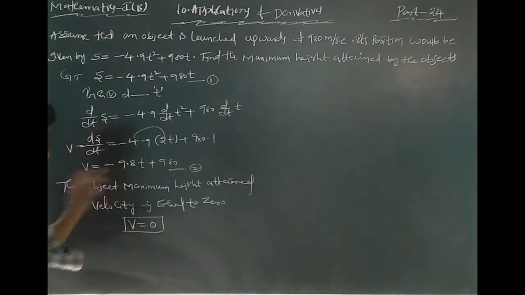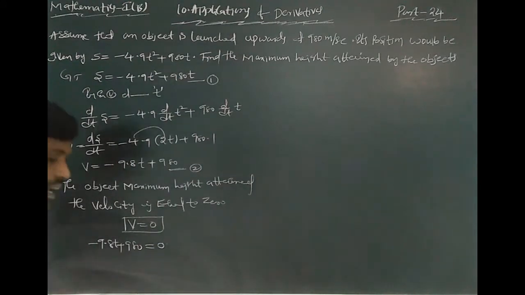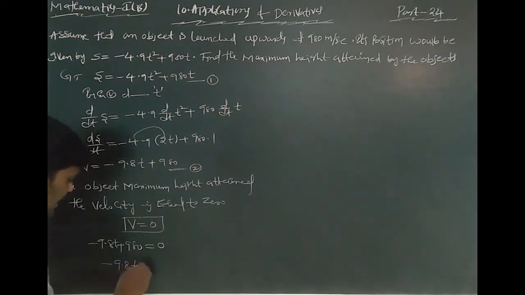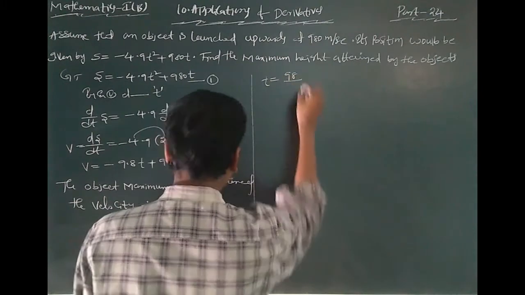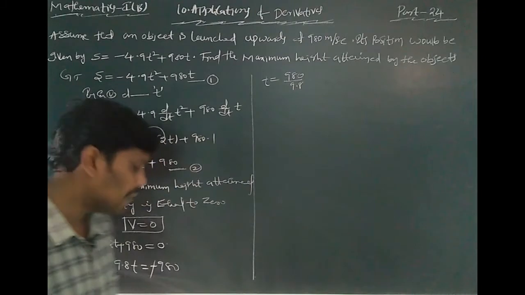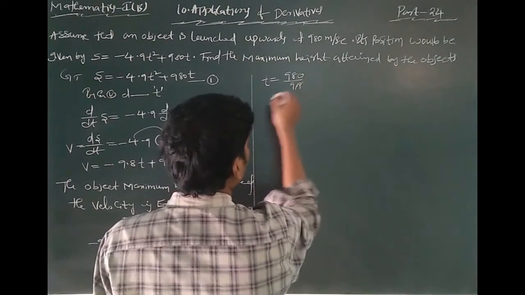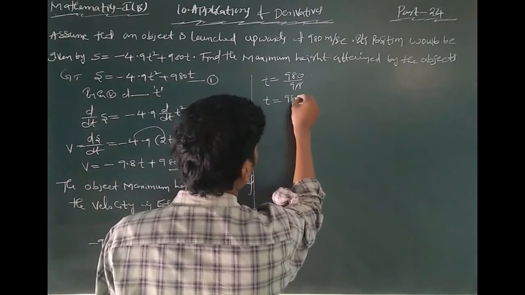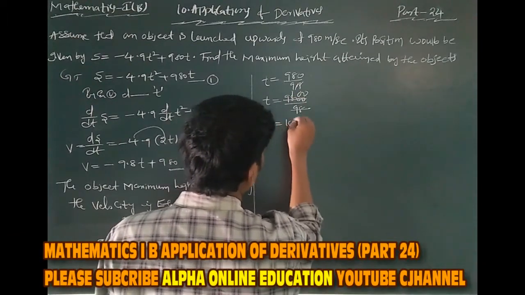You get minus 9.8 t plus 980 equal to 0. You can move this: minus 9.8 t is equal to minus 980. Here minus minus get cancelled. What remains? t is equal to 980 by 9.8. After that, this decimal point eliminated, you can add 0 here: 9800 by 980. t value is 10 seconds.